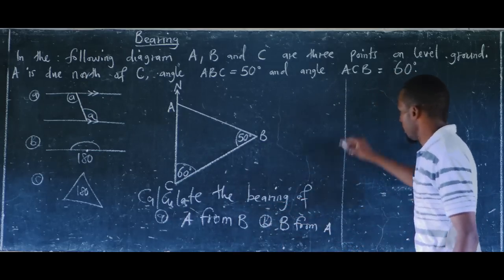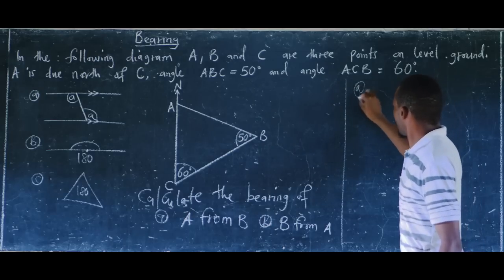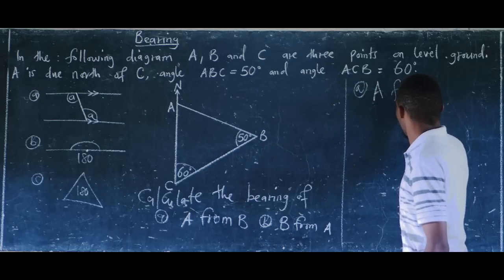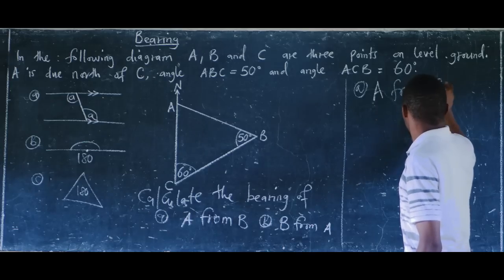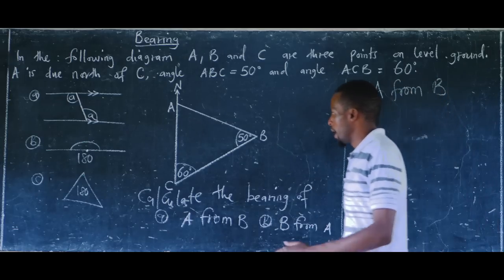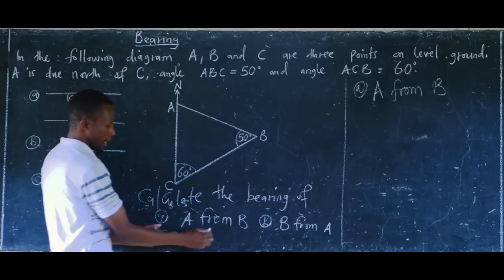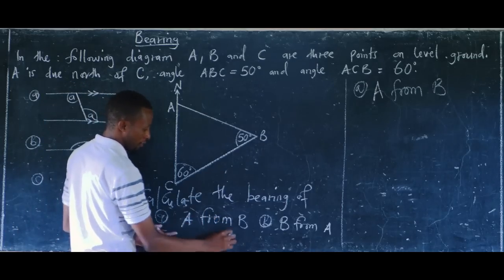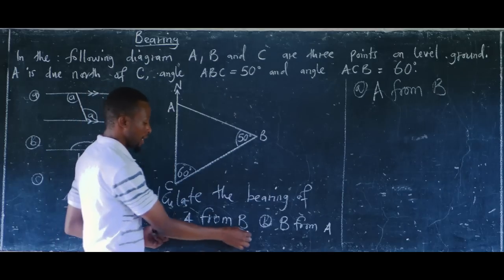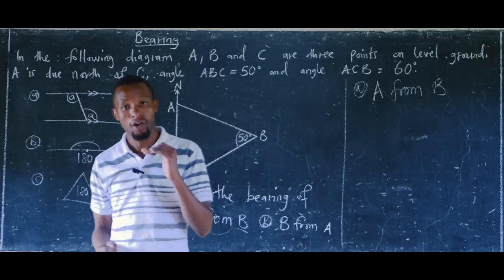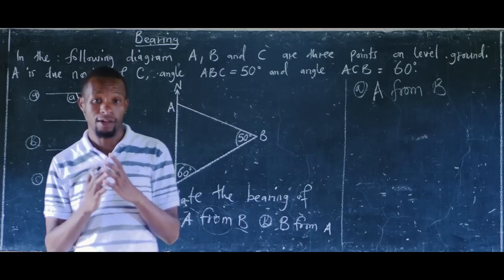So we are finding the bearing of A from where? From B. The letter that comes after the word "from" is our starting point. Bearing is an angle.